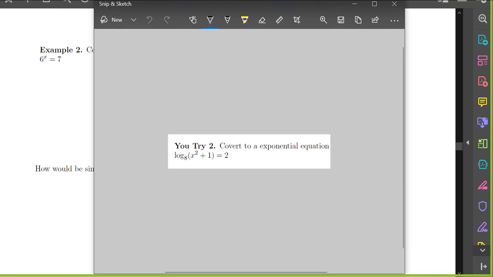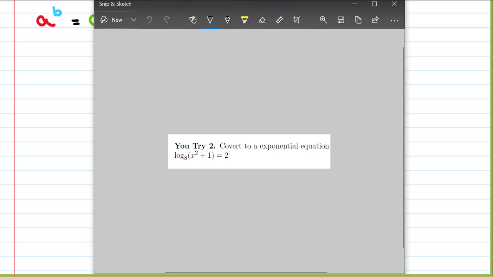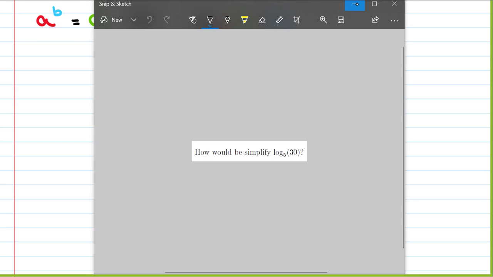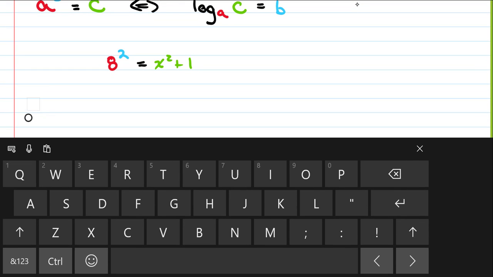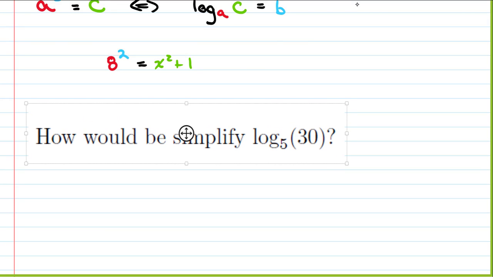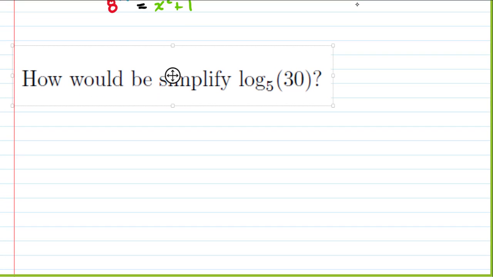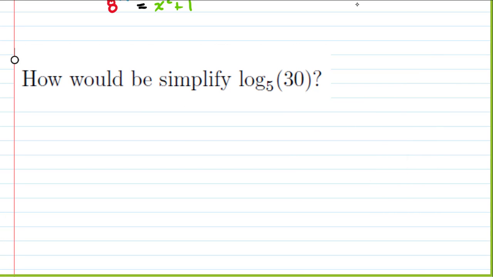All right. So now, we were simplifying some logarithms earlier, and you may have noticed that they happen to work out. Well, that may have led us to ask the following question. Well, how would I simplify the logarithm base 5 of 30?